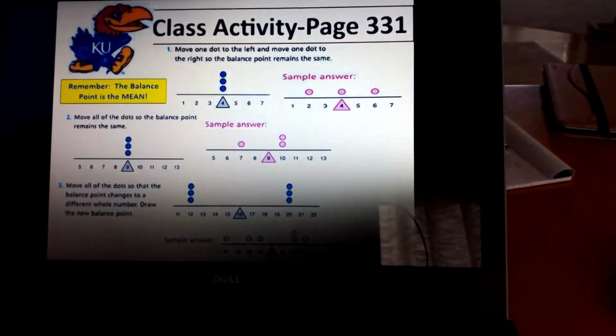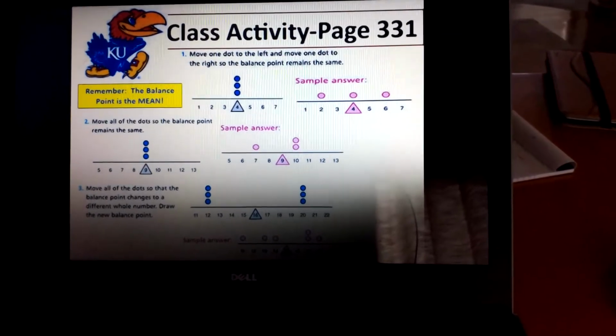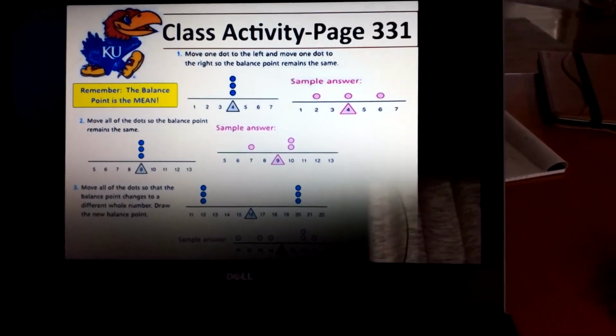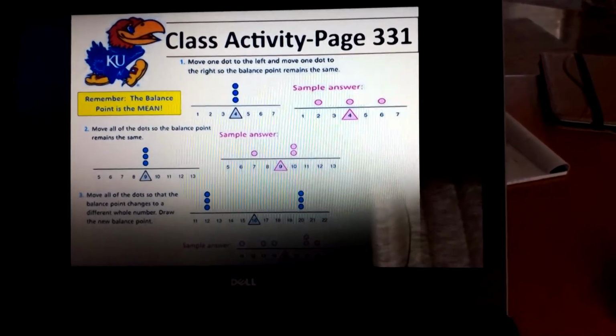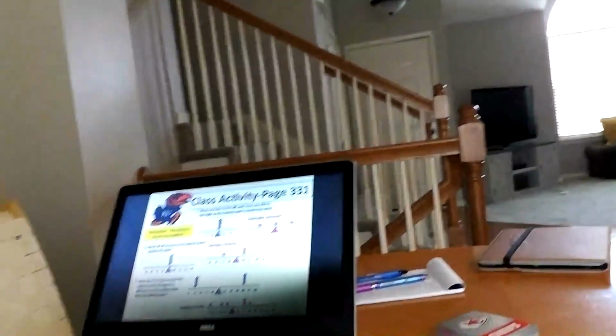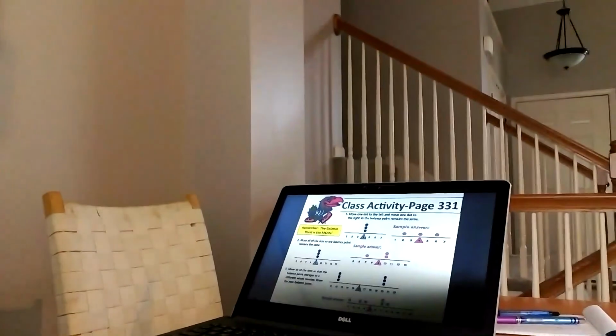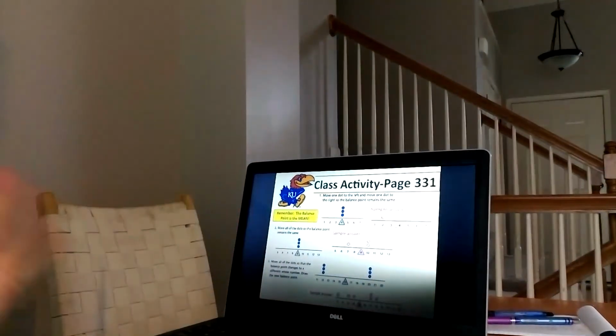You can kind of see it there at the bottom. So they moved 3 dots there on the left. They got 1 on the 11, 13, and 14, and then 3 dots to the right. But they moved the balance point to be a 15. Okay, I would recommend not making it that complicated. All you're doing is making them have an equal distance away on the left and the right.